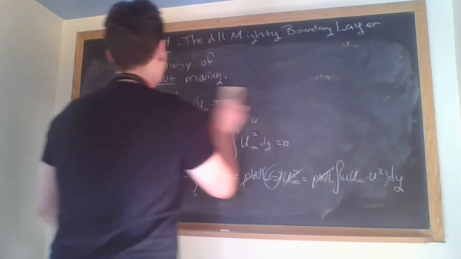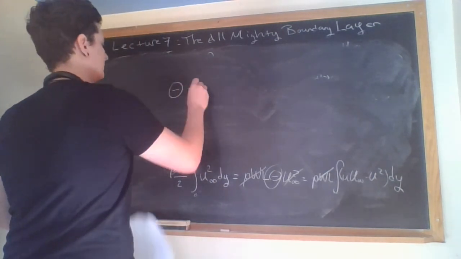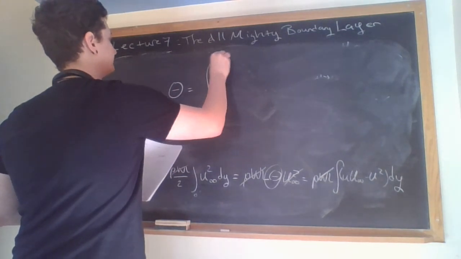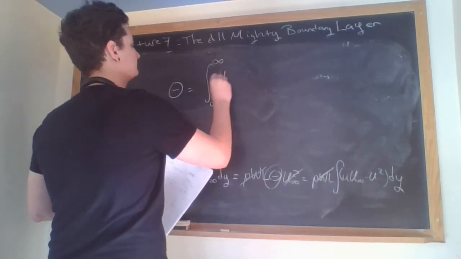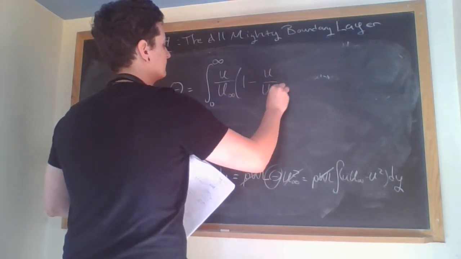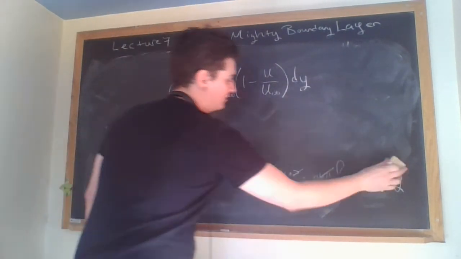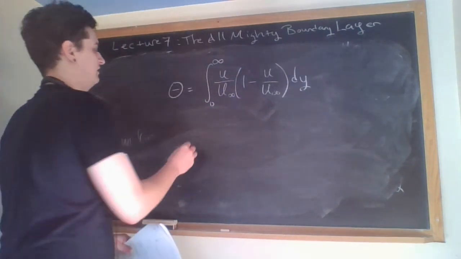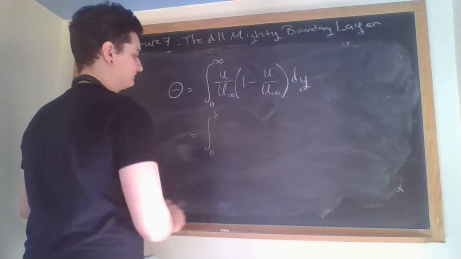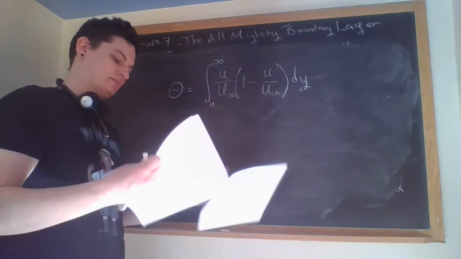Factor a u infinity squared out, and you'll get the momentum integral. You go to infinity, but you could actually just go to the boundary layer, up to you. And that is the momentum integral.